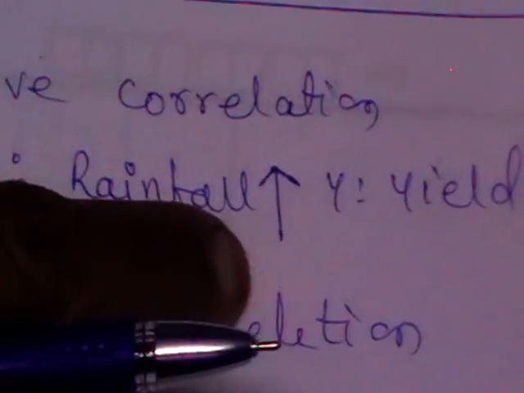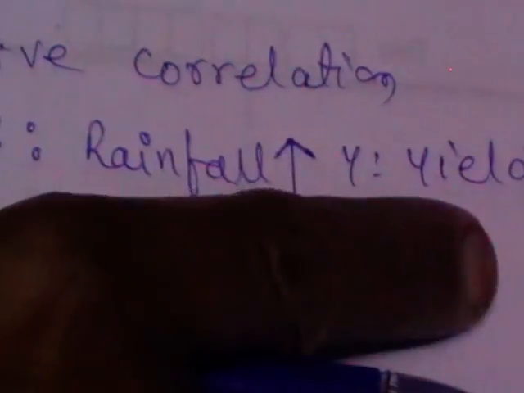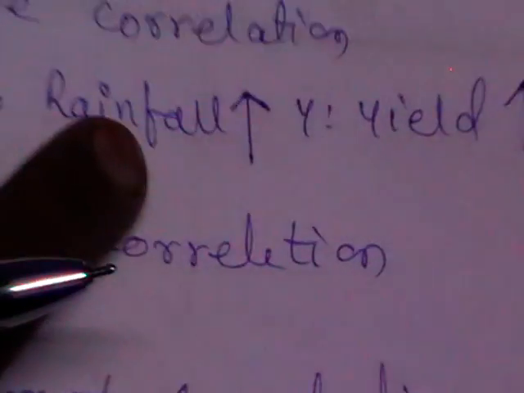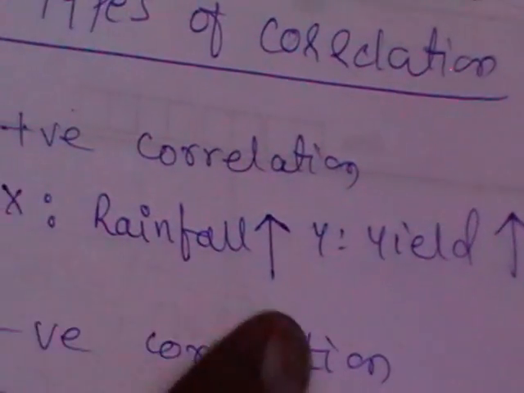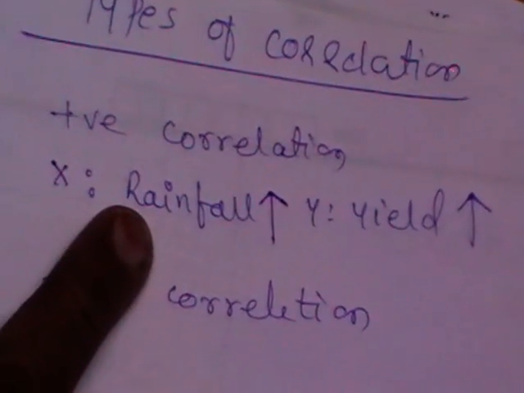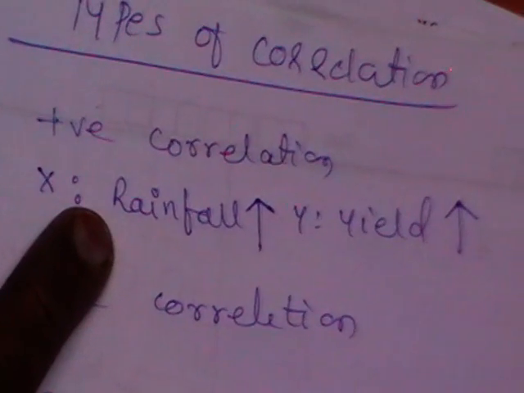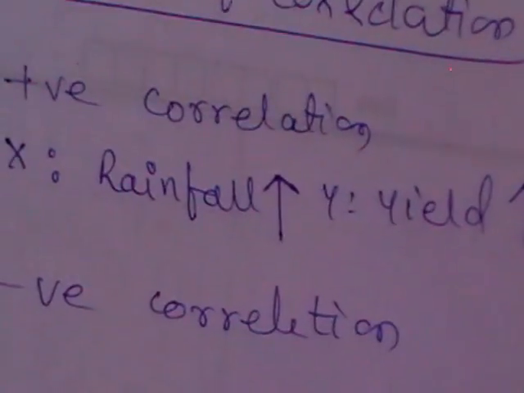Means the changes in both the variables are in the same direction. Whenever an increase produces the corresponding increase, or a decrease produces the corresponding decrease, that is, the changes in the two variables are in the same direction, we say that the two variables are positively correlated.